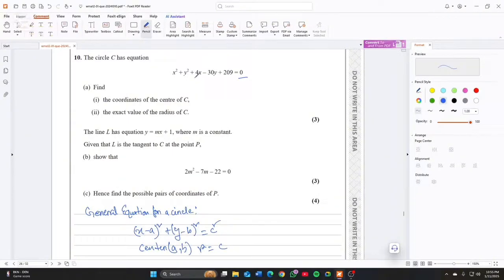Now for this equation, we don't have it in this form, so we can make it in this form.